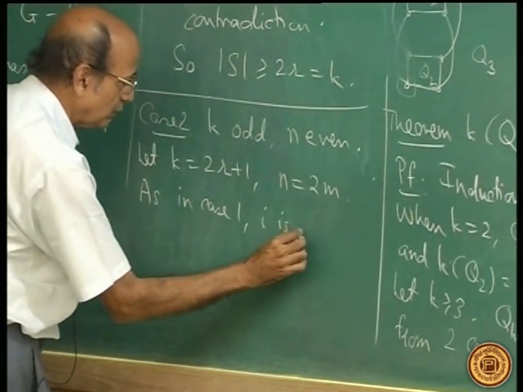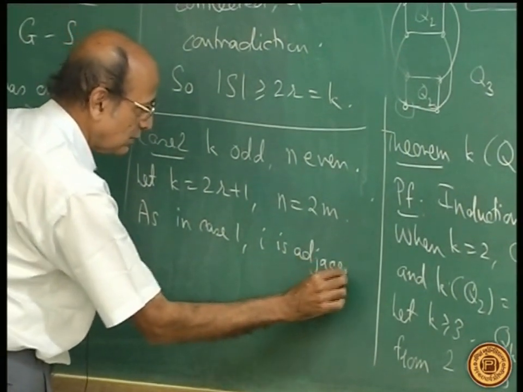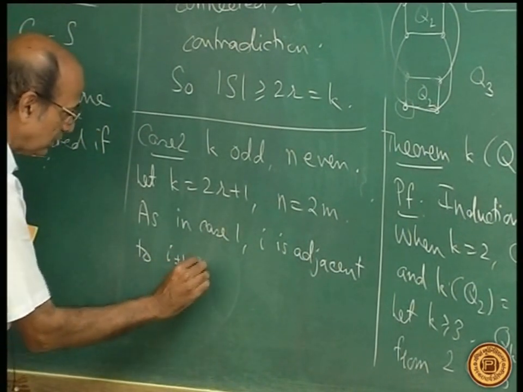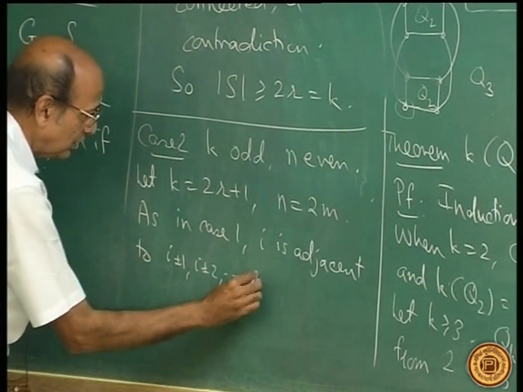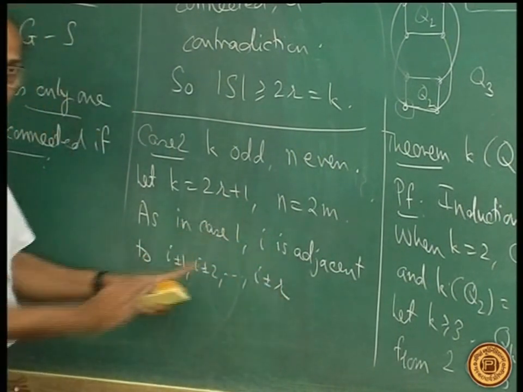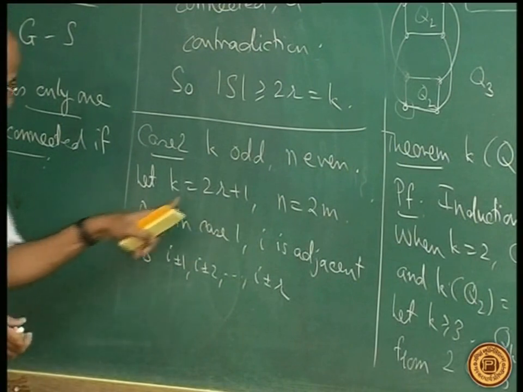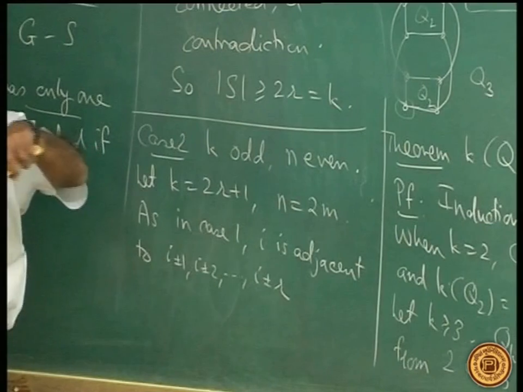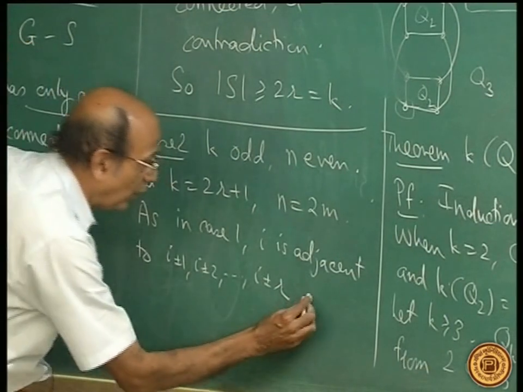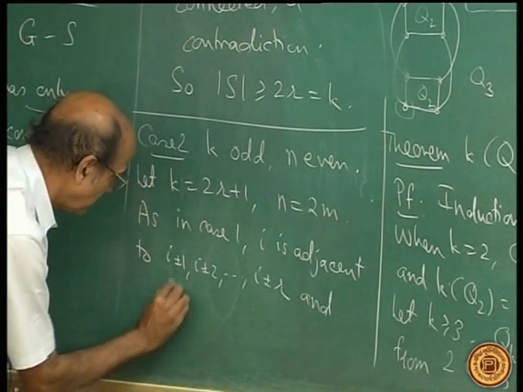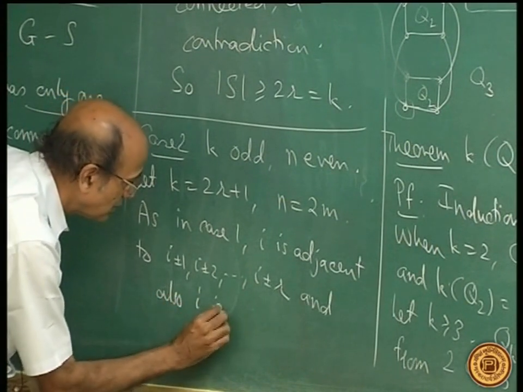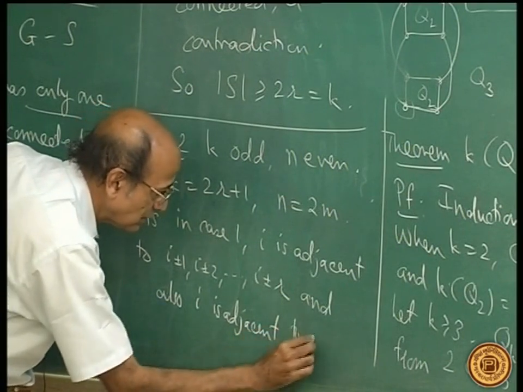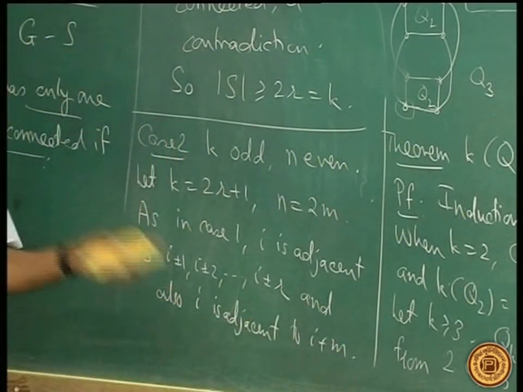I is adjacent to I plus or minus 1, I plus or minus 2, up to I plus or minus r. That will mean that I is adjacent to r vertices ahead of it and r vertices behind it. And also I plus m.